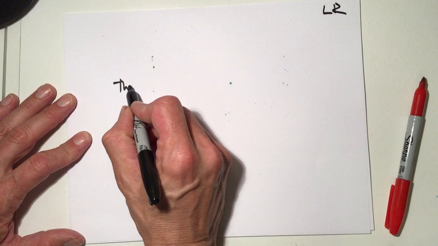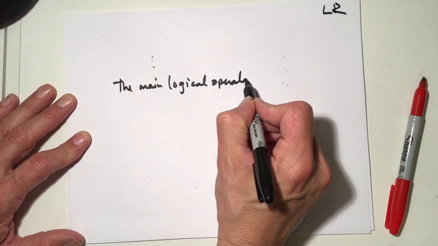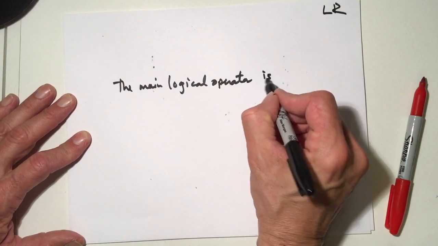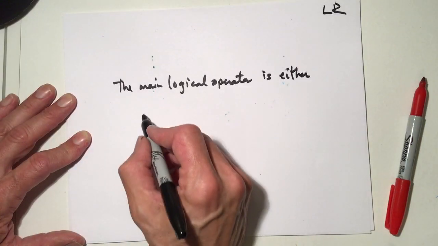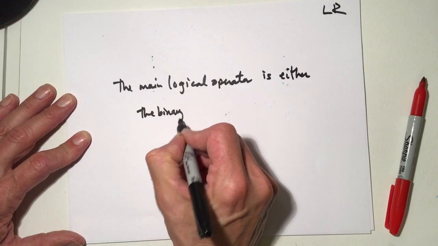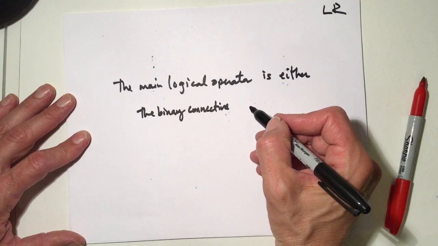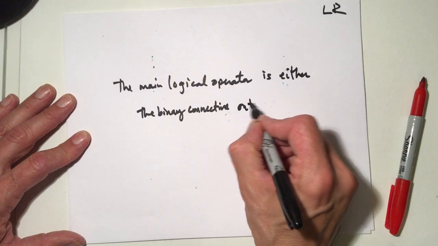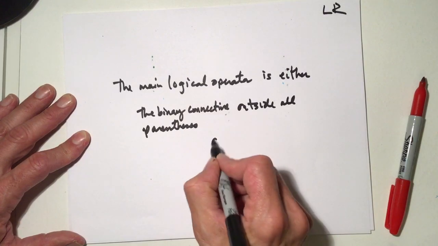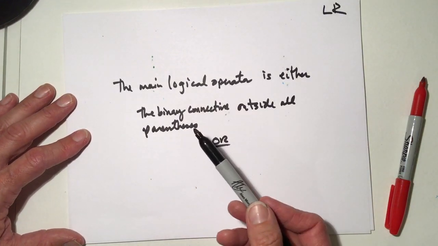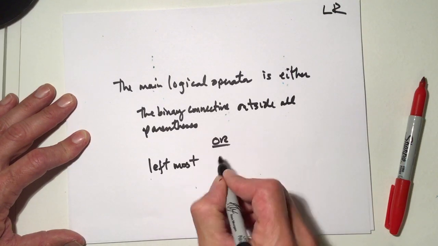And we're going to say that the main logical operator is either the binary connective outside all parentheses, or if there is no binary connective outside all parentheses, the leftmost logical operator.